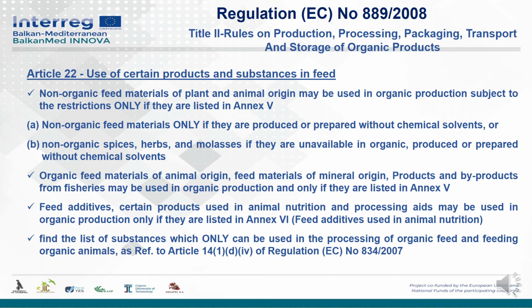Feed additives used in animal nutrition. Sorry for the lapses. Find the list of substances which can only be used in the processing of organic feed and feeding organic animals, referring to Article 14, paragraph 1 of Regulation number 834 of 2007.